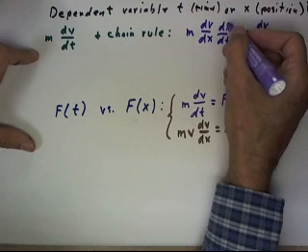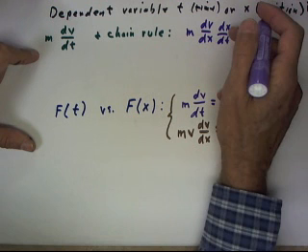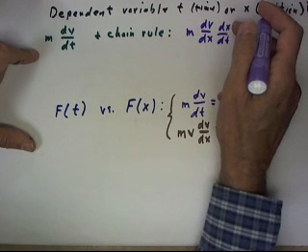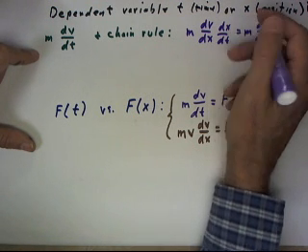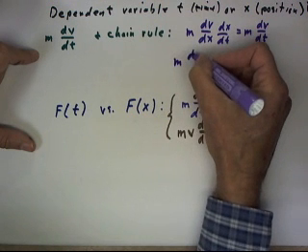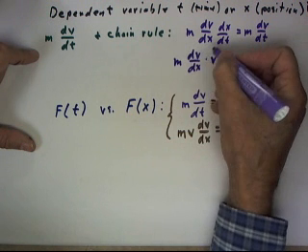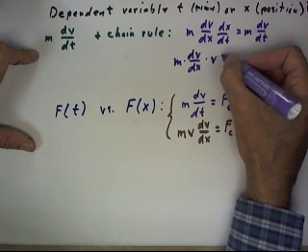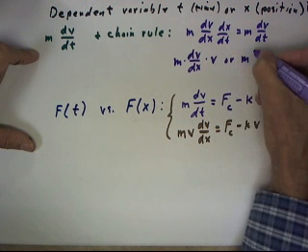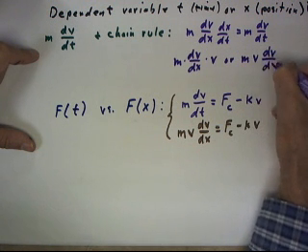Now the key is that dx/dt has an interpretation. If x is a position function, dx/dt is nothing but velocity. So this is nothing but m times dv/dx times v, or mv dv/dx.